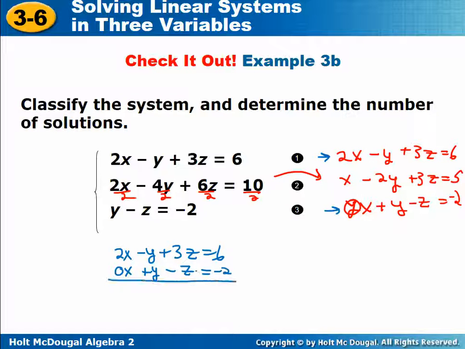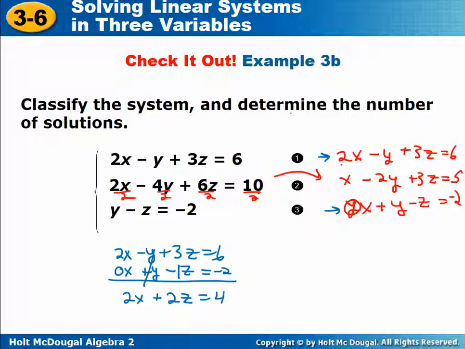If I add these two together, I get 2x plus 0x is 2x. Negative y plus y, the y's cancel, plus 3z minus 1z is 2z, equals 6 plus -2 is 4. So that's a much simpler equation.